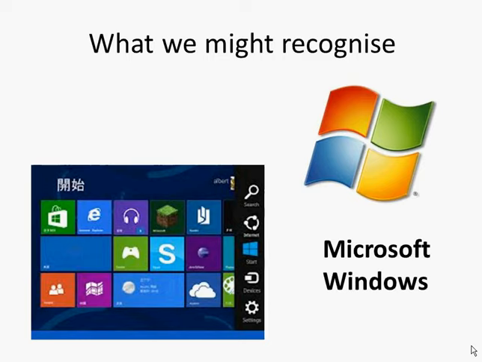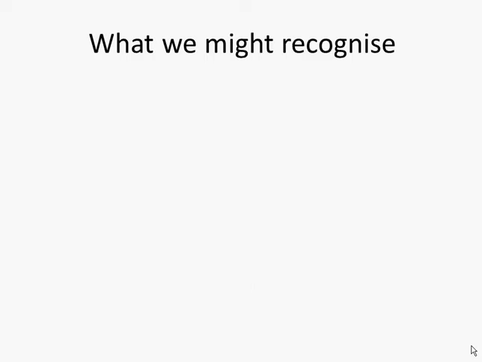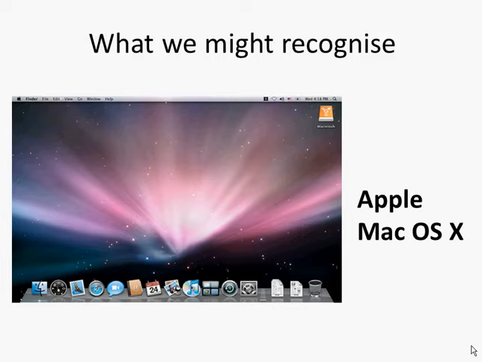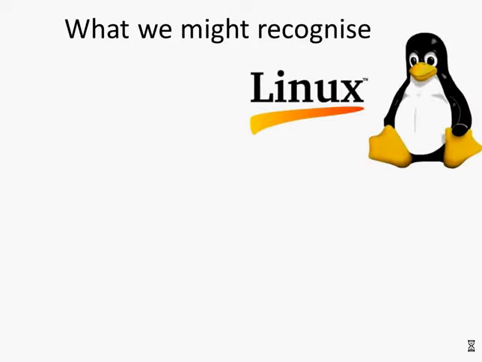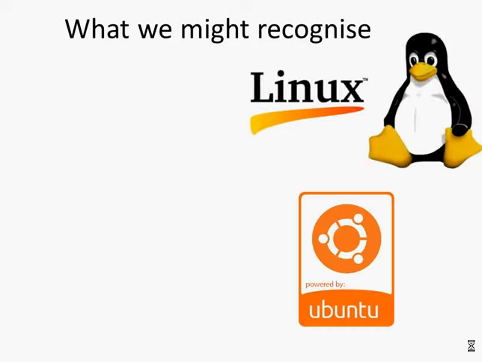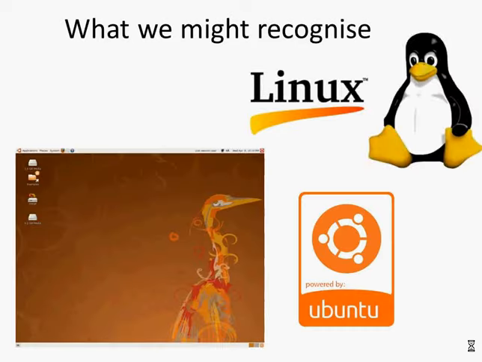We might recognise that Microsoft Windows provides an interface to the computer for the user, such as touchscreen technologies. We might recognise operating systems such as Apple Mac OS X or Linux with its many flavours such as Ubuntu.